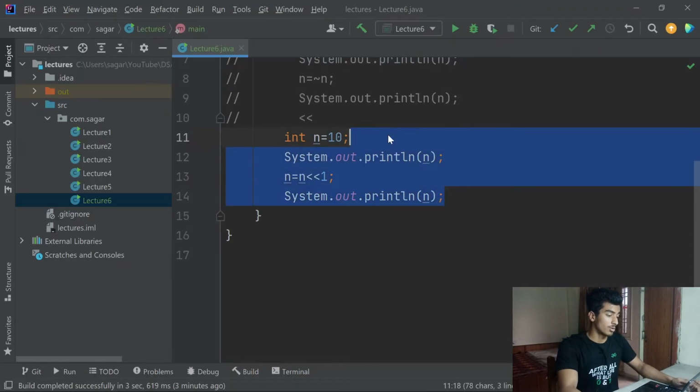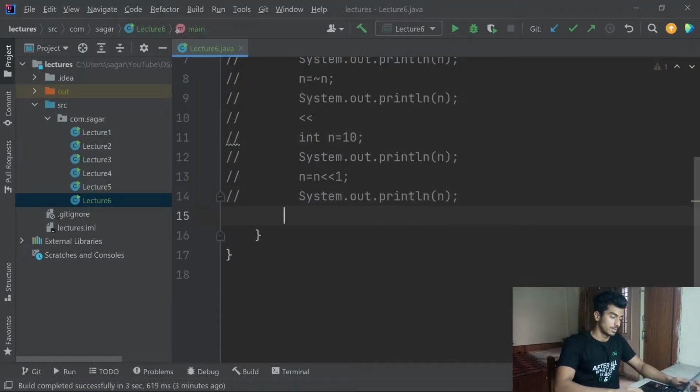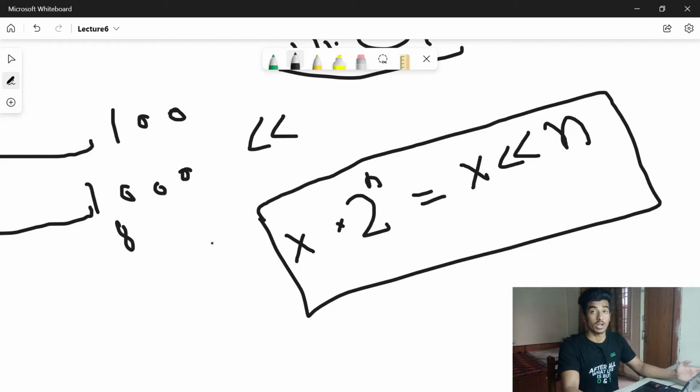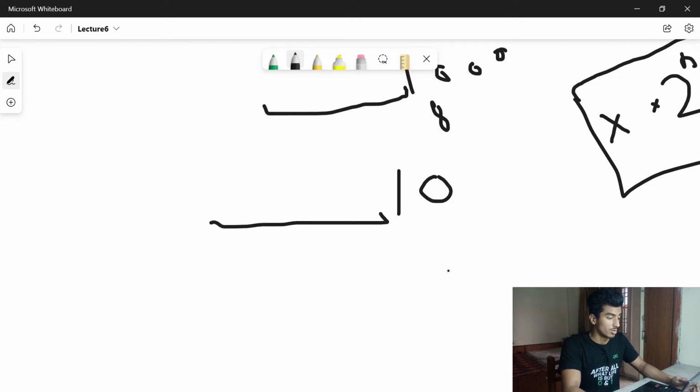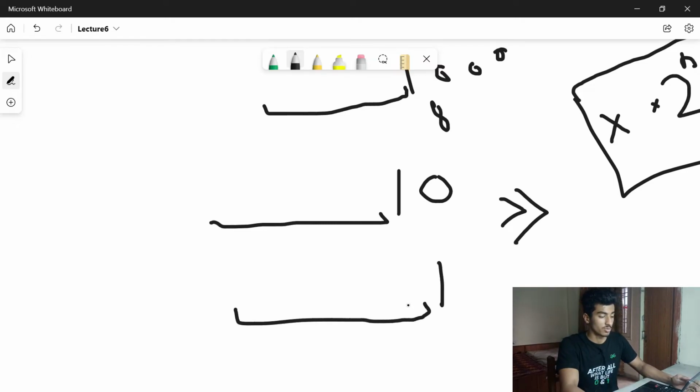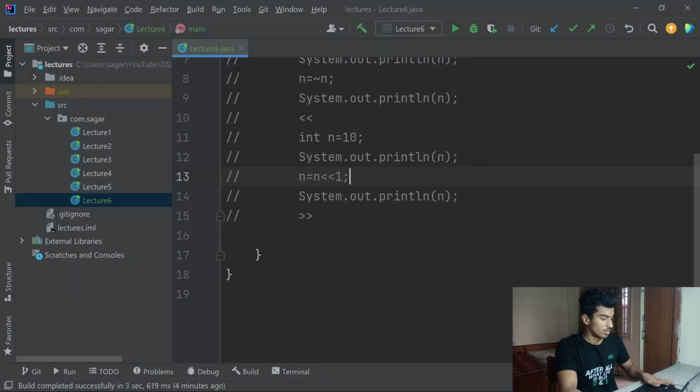And now let's talk about the right shift operator. So right shift, when we have a number 1, 0, that is 2, and all the other bits are 0, when I use the right shift operator one time, it will shift all my bits one time, so it will become 1 and the rest of all the bits are 0. So let's try something practical.